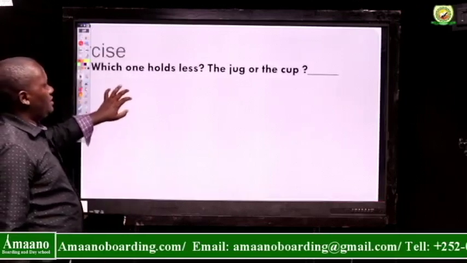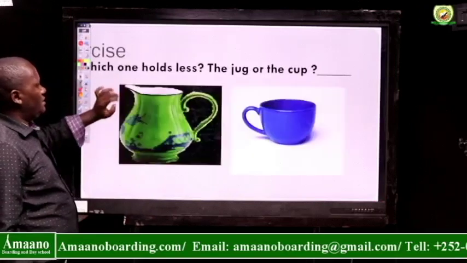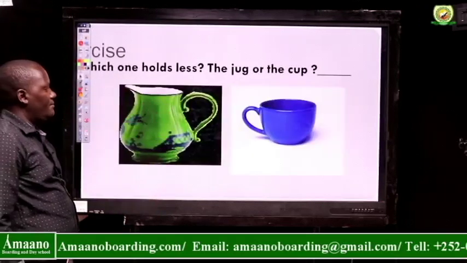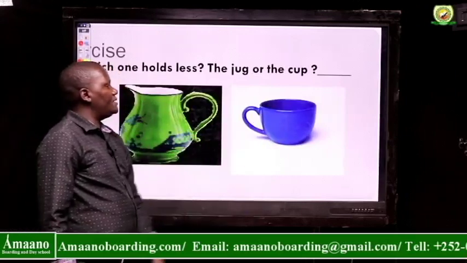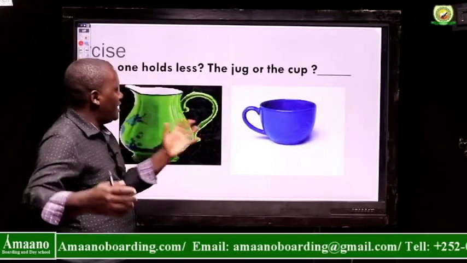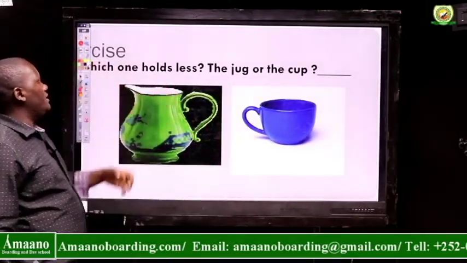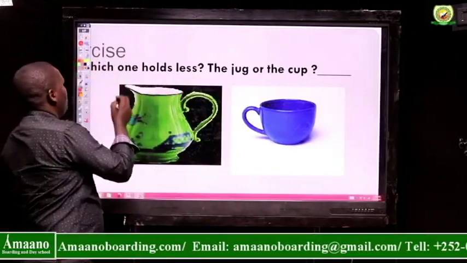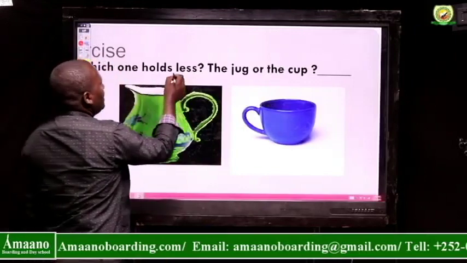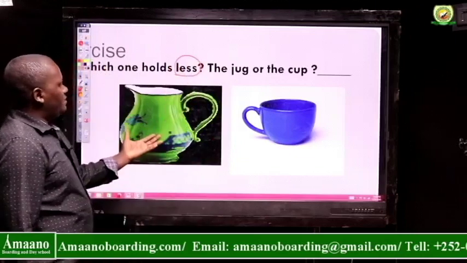We look at the jug and we look at the cup. Which one holds less? I have my jug here, and I have my cup on this side. The jug is big, and the cup is small. Now the jug is big.